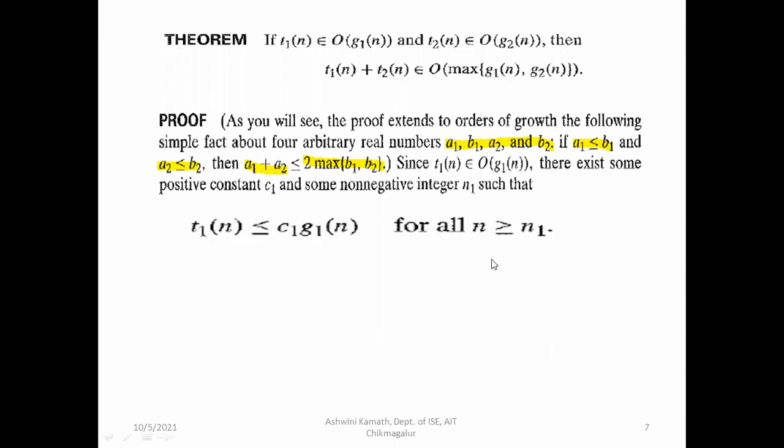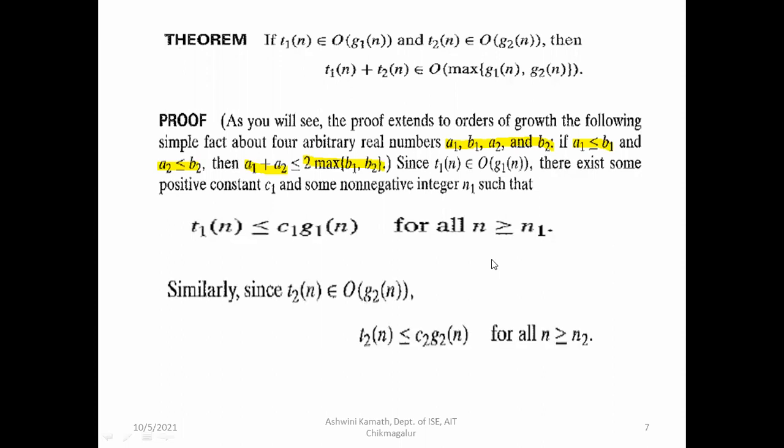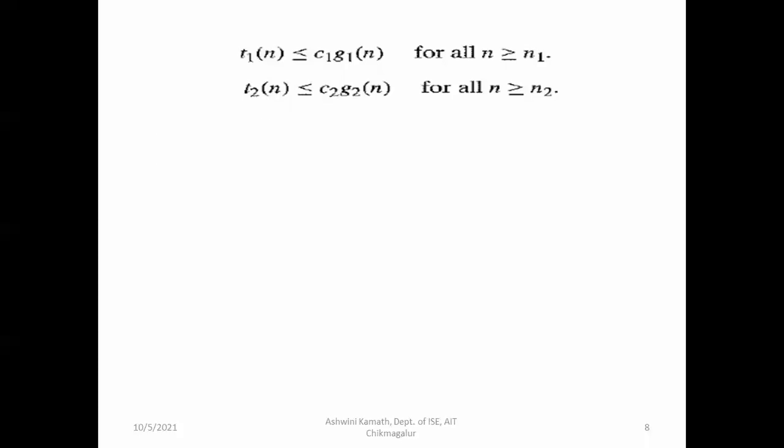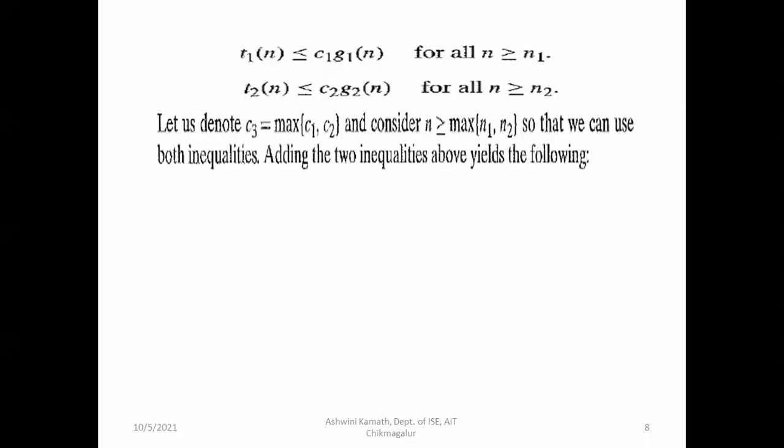This n1 is the base seed here. Similarly, since T2 of n belongs to big O of g2 of n, we can say that T2 of n is less than or equal to C2 into g2 of n for all n greater than or equal to n2. Here let us denote C3. We take C3 as the maximum of C1 or C2.